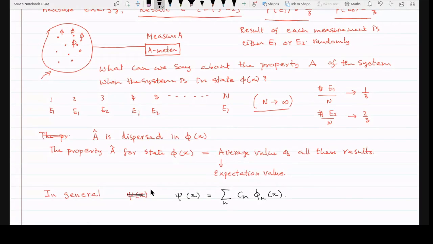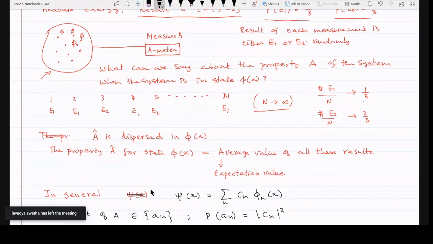Now, the result of A belongs to the set of eigenvalues. Correct. Now, what we can say is that the probability of An is given by modulus of Cn squared. That is what we wrote here, right? 1 by 3 and 2 by 3. So in this case, it is modulus of Cn squared.